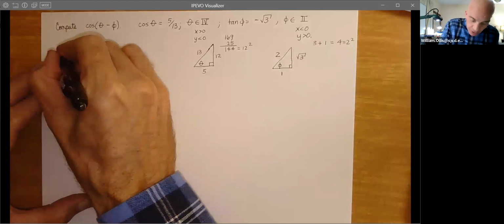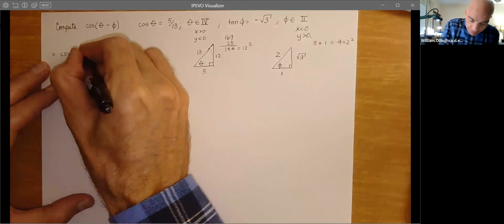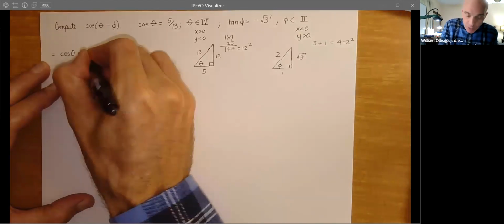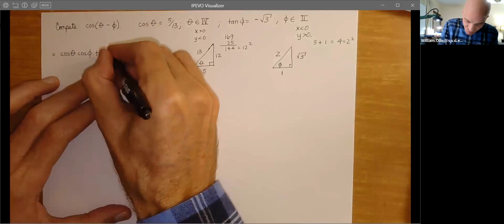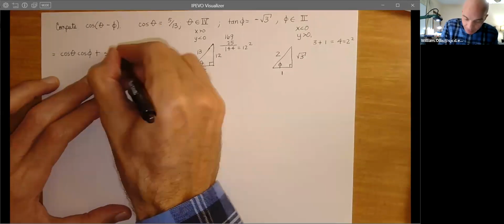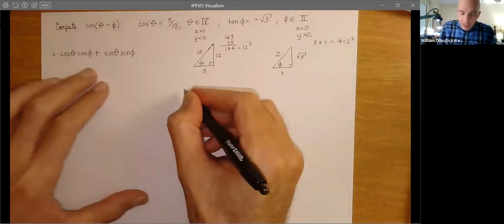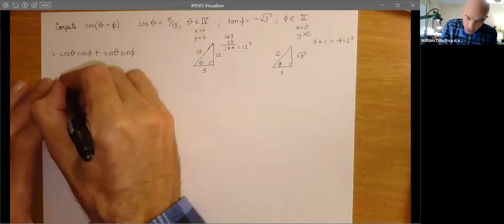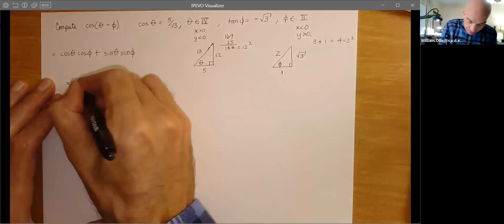So we have cosine theta, cosine phi. And then of course with the minus, we get the plus. And then we have the sine theta and the sine phi. So like we've done before, we just have to fill in the numbers. So cosine theta is given 5 over 13.